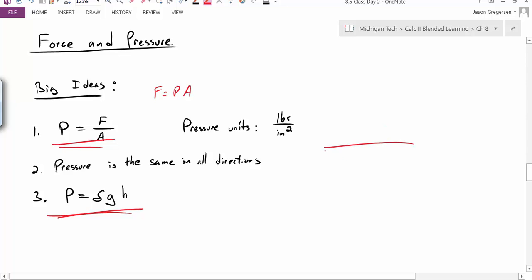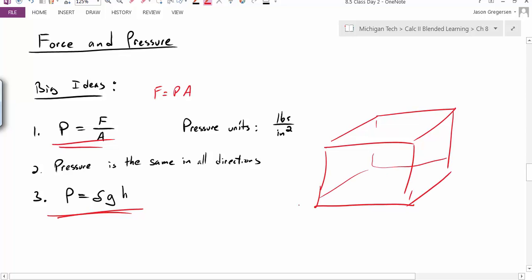So if we have some box of water, and we want to find the pressure at different spots in this tank, we have a density, and as it's written, this is a mass density. And then we have that times G. G here is the force of gravity.